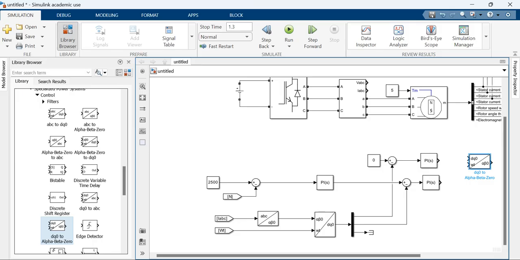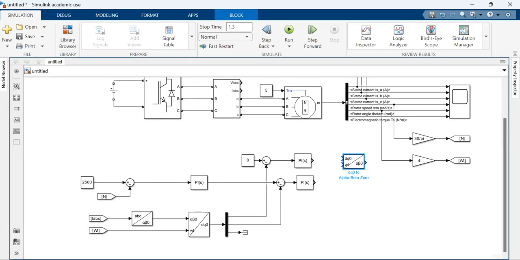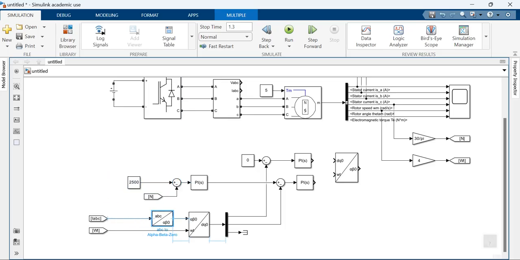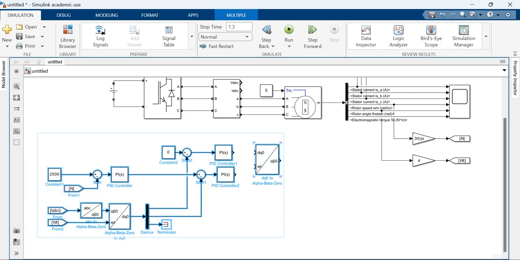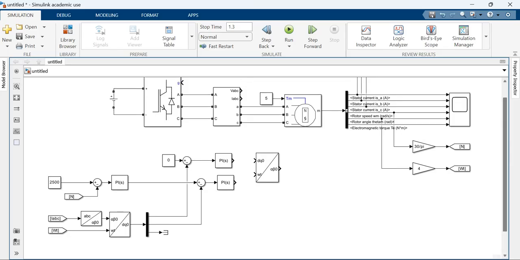Let me put it here. So I need DQ0. All the three have to be given. So again, I need a mux for it. Let me bring it closer so that I can put a few components on the other side. It will be comfortable for me to visualize everything. So I need a mux.